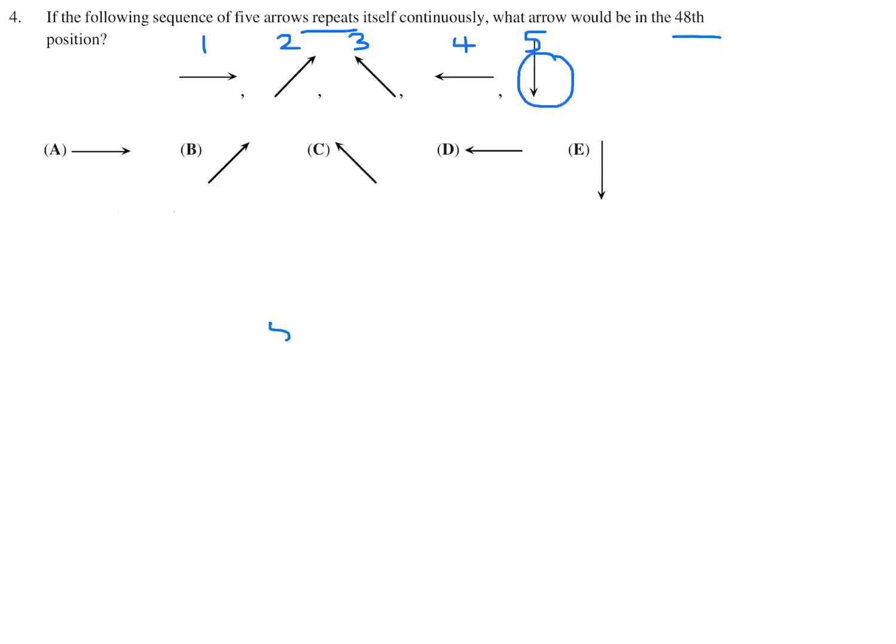So 5, 10, 15, 20, like that. And similarly, if you keep adding 5, you'll eventually get up to 40 and then 45. So the 45th position will be like this, and then it repeats itself. So this will be 46th position, 47th position, and this will be our 48th position. So the answer choice that represents that one is C.